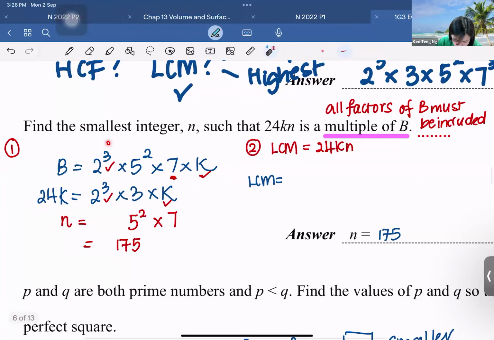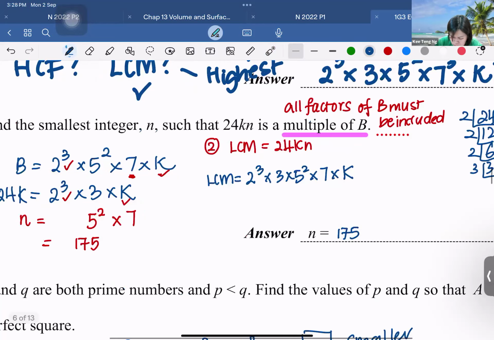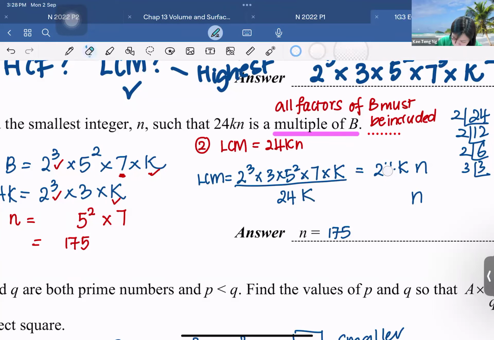So for the LCM, I have 2 cubed, 3, 5 squared, 7K. This whole LCM is equal to the number 24K times N. If I want to find N, I take this whole number and divide by 24K. Then I'll be able to get N.